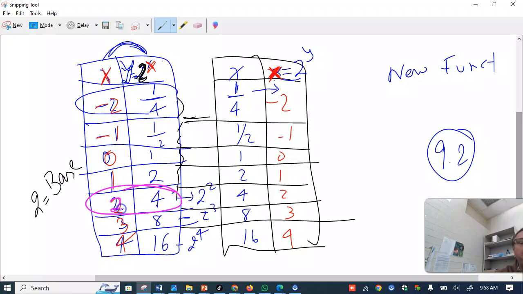If 2 goes to 4, look at this, 2 goes to 4 here, but here 4 takes it to 2. So now we need to create a function. What is the way to write this?